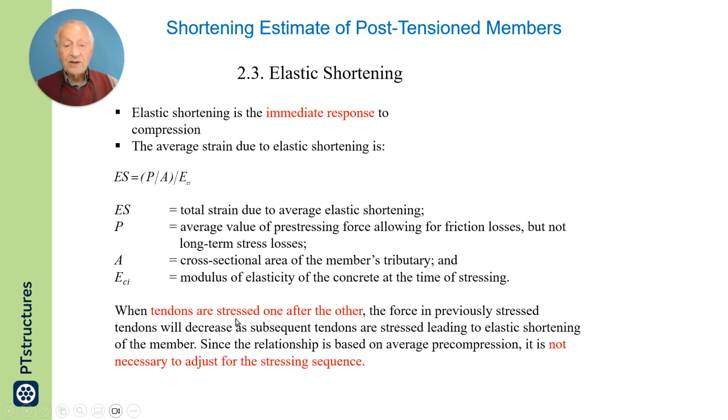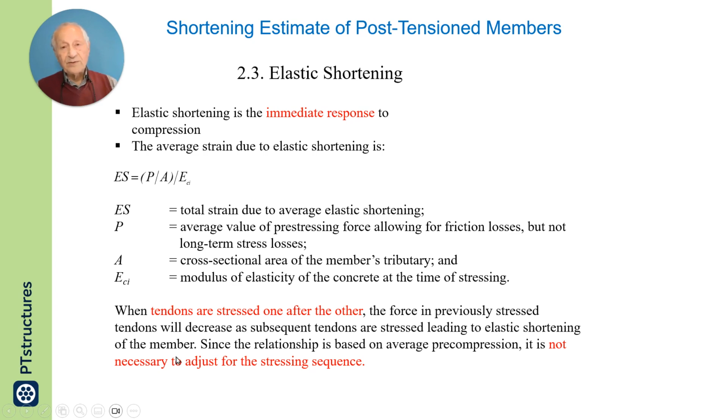When tendons are stressed one after the other, as is the common case in slab construction, the force in previously stressed tendons will decrease as subsequent adjacent tendons are stressed, which leads to elastic shortening of the member.